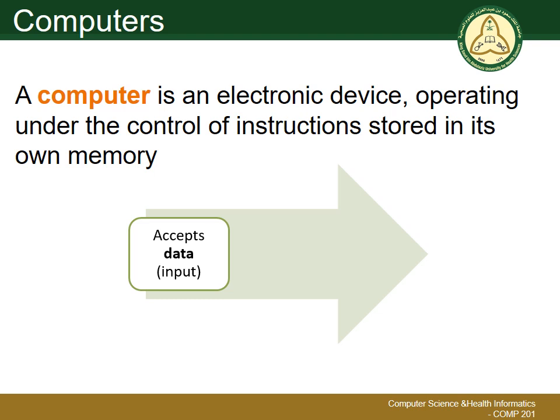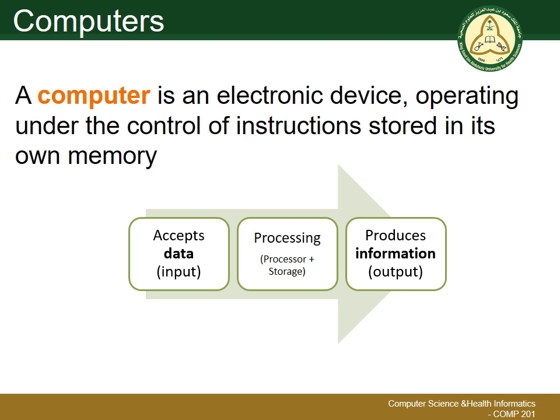So a computer cannot work by itself. We have to provide some kind of instructions, information to this computer so it can carry out a specific or certain task. So the computer accepts data input, we give it to the computer.